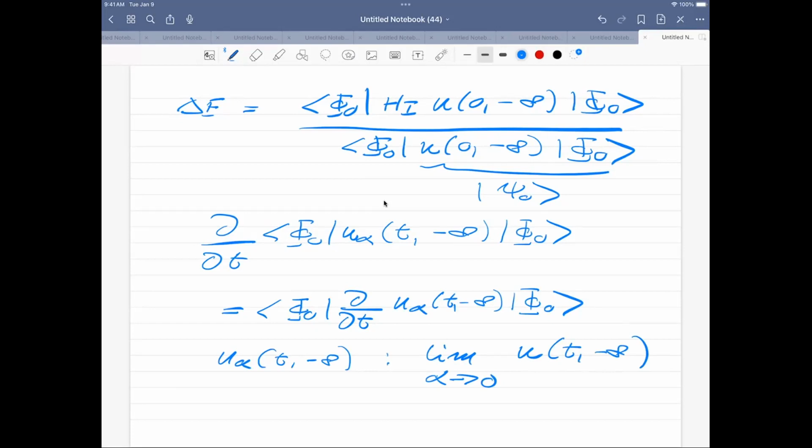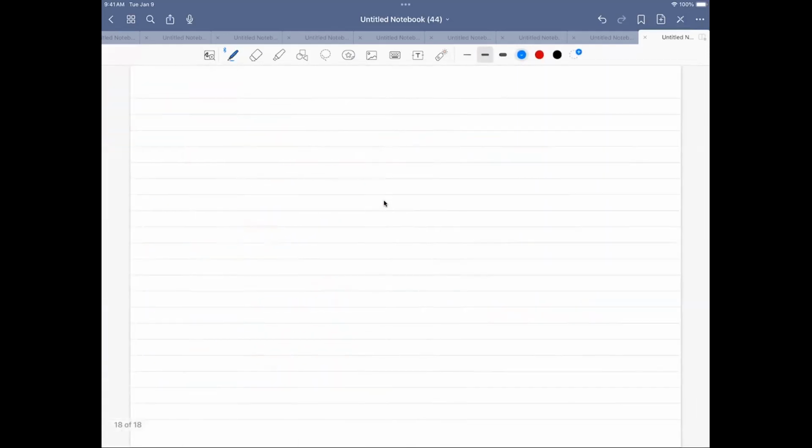So if we now look at the expressions which we have, if I take the derivative of that specific quantity, we can actually rewrite that in a particular way. It's actually easy to see that that's the case. So we can take d/dt of phi 0 of u alpha of t minus infinity of phi 0. If we go back to the expression which we had for the operator, let me just remind you quickly of that one.